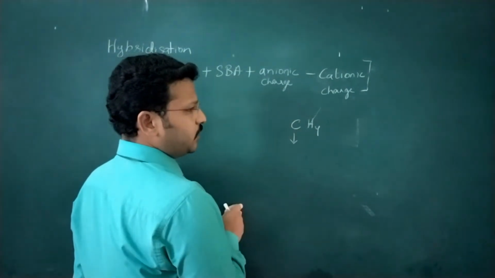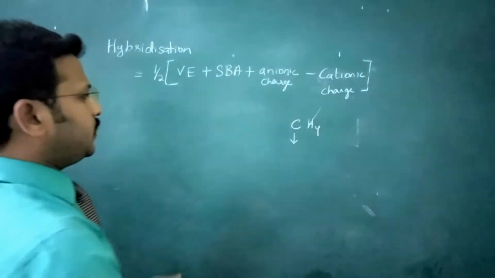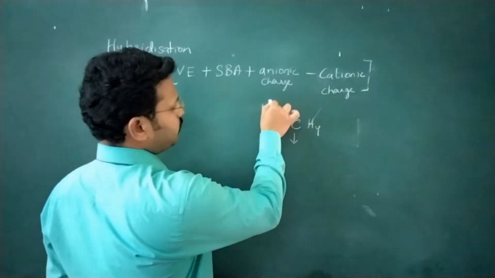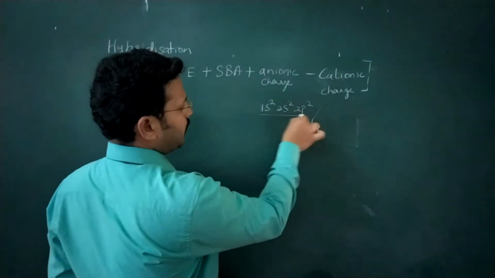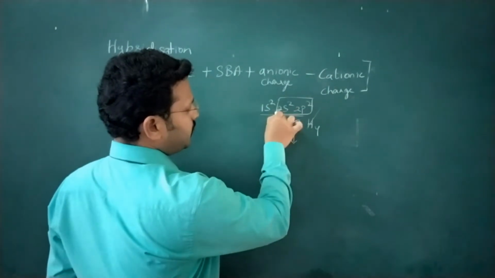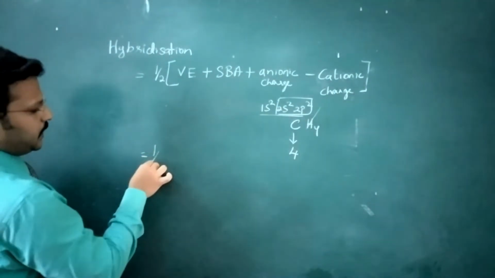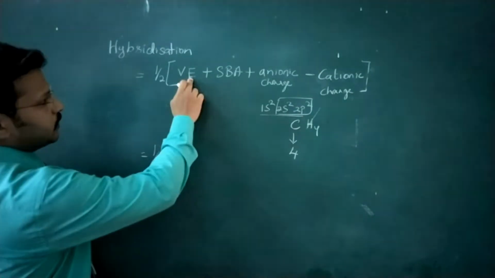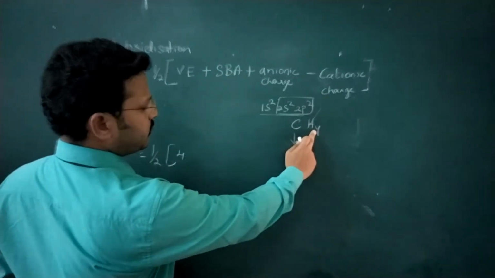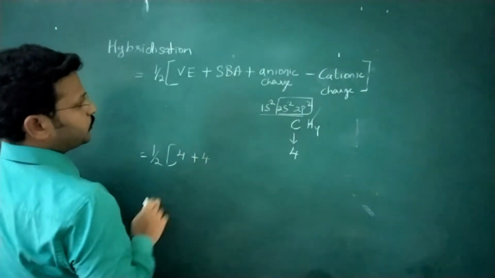The electronic configuration of carbon is 1s2, 2s2 and 2p2, so the valence electrons are 4. Applying the formula, half into valence electrons, which are 4, plus the number of side atoms, we have 4 singly bonded hydrogens, plus 4.